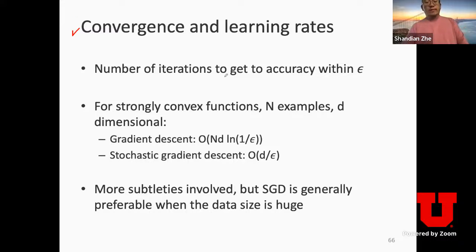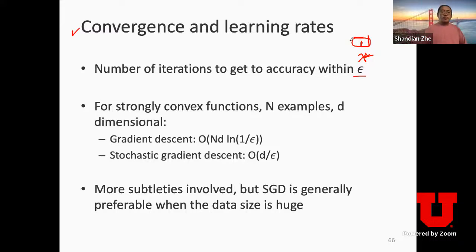Suppose our goal is to get an accuracy within epsilon. That basically means, suppose this is your true function minimum x star, within epsilon distance to x star, how many iterations do we need?